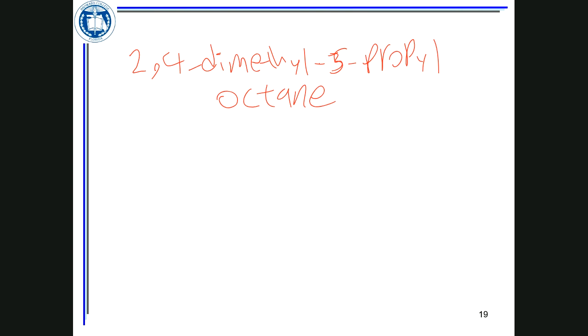If the name is given to you and you want to draw the structure, when you are writing the name, you have to start with branches. But when you are drawing the structural formula, you have to go backward, basically.